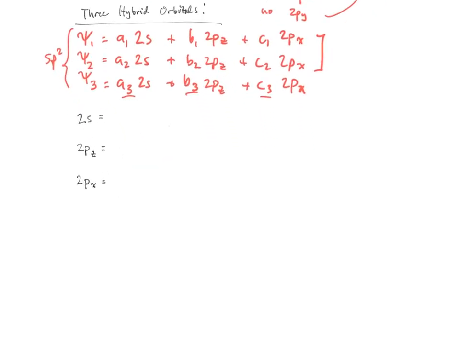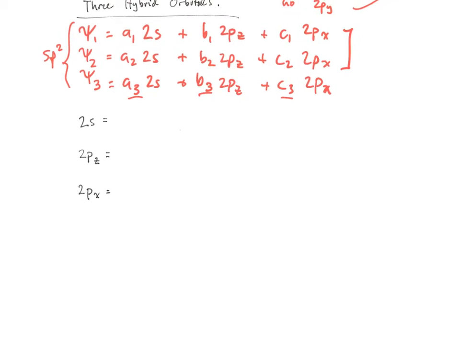Okay, so let's define our atomic orbitals here. We're going to assume that the 2s orbital can be just described by the following function: 1 over 4 pi to the 1/2, and then some radial function of r.